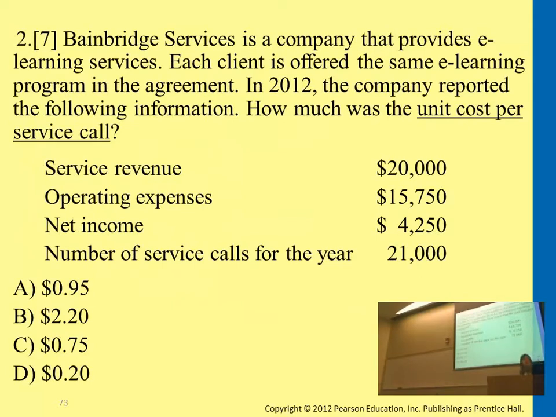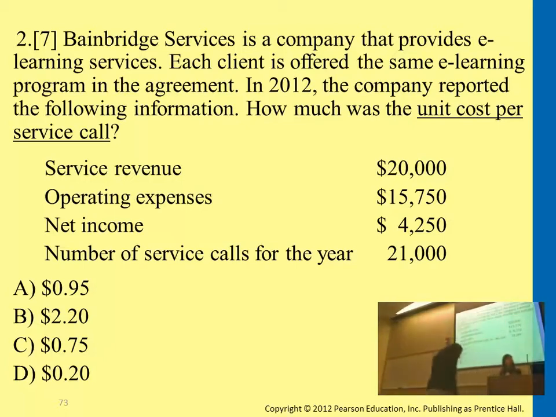Okay, the second question. The service company provides e-learning services, and here's some of the information listed: service revenue, operating expenses, net income, number of services. If they ask for the unit cost per service call, the unit cost here is basically the expenses you spend in order to provide the service.